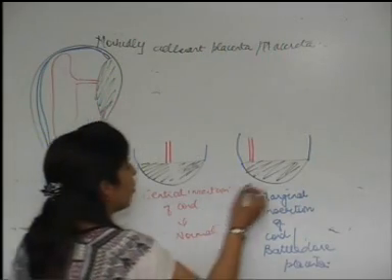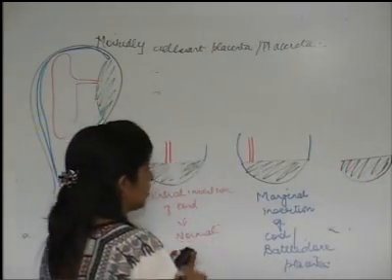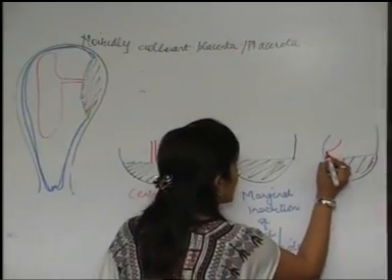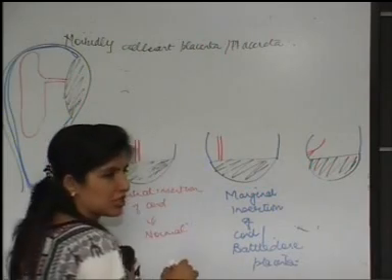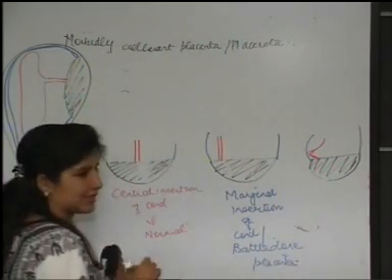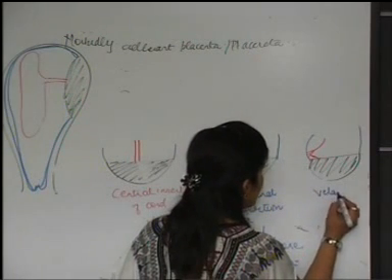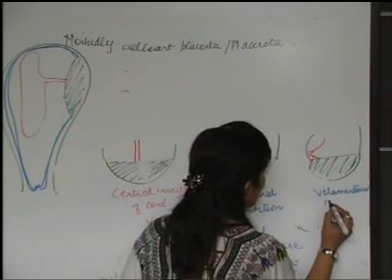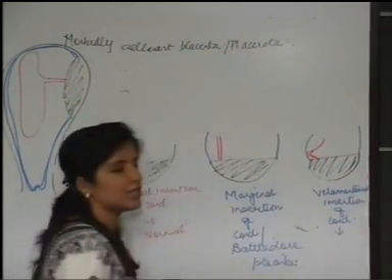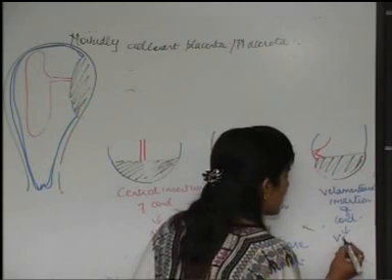And in a few remote cases, the umbilical cord is first attached to the fetal membranes, that is amnion and chorion, and then it is attached to the placenta. This is called velamentous insertion of the cord. Velamentous insertion of the cord gives rise to a very grave condition which is called vasa previa.